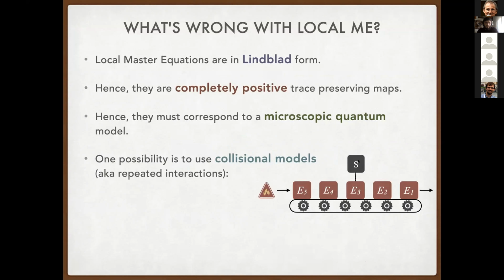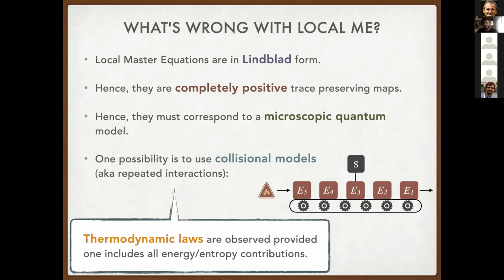The system is coupled alternately to a series of units from the environment, ancillas, for example, that interact with the system for a very short time and then fly away. The simplest case is that they are prepared in an initial thermal state.